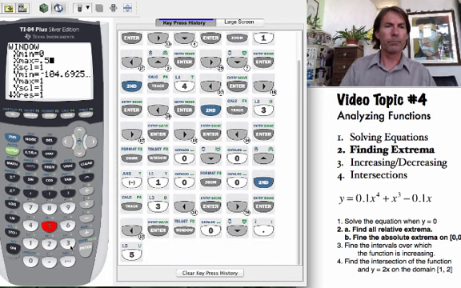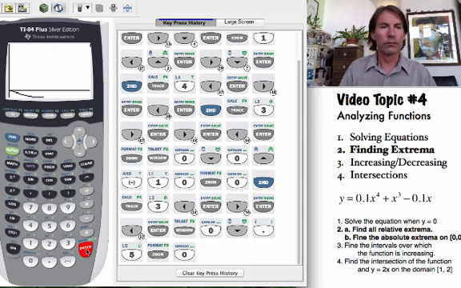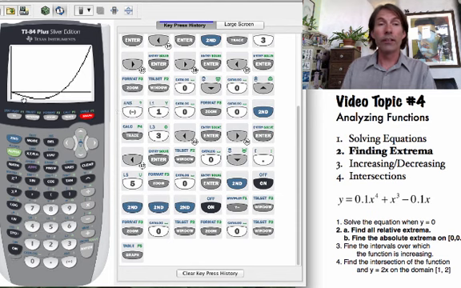Then we're going to hit zoom 0 and hit enter. As you can see, the absolute minimum occurs right down here, right there, and we could find that value by calculating minimum like we did before.